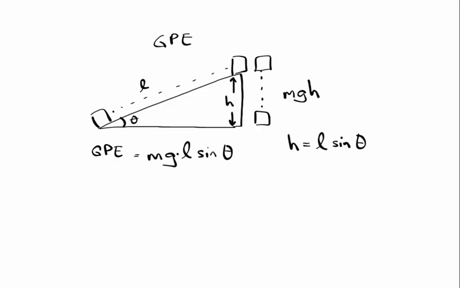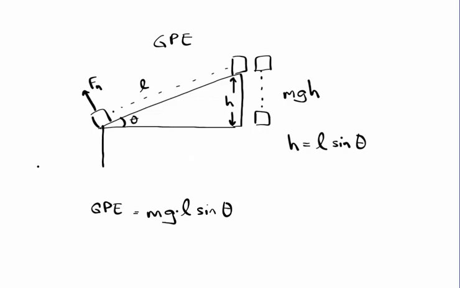Now let's say we did it a different way. Let's say we looked at it in terms of a free body diagram. We know that there's a normal force acting on this box, and we also know that gravity going straight down has a couple of components, mg cosine theta and mg sine theta.